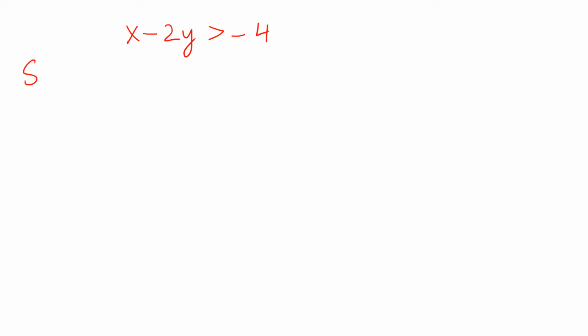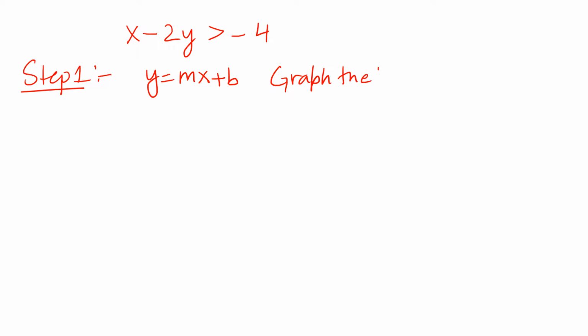Now, as you know, step 1 would be to convert it into y equal to mx plus b form so that you can graph the boundary. So the boundary would be x minus 2y converted into an equation and converted into slope-intercept form.